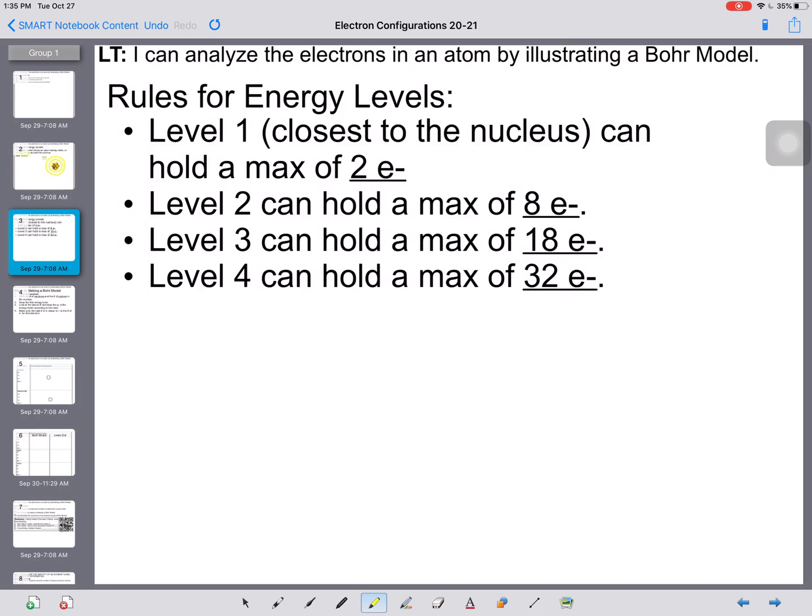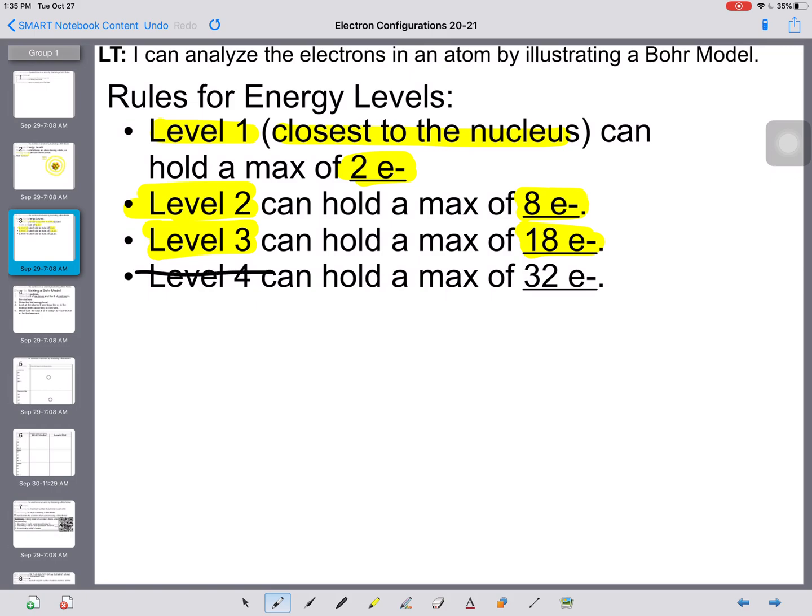So level 1, meaning the shell closest to the nucleus, can hold a max of 2 electrons. Level 2, so the second shell, can hold a max of 8 electrons. Level 3, the third shell, can hold a max of 18 electrons. Okay, and we're actually going to stop there.